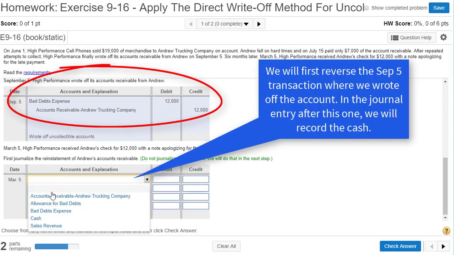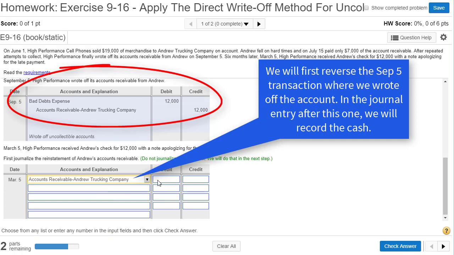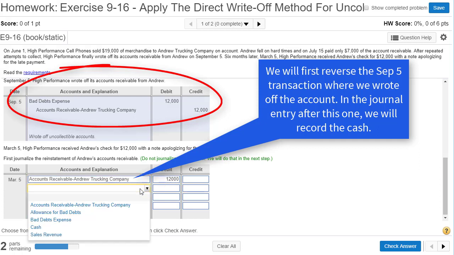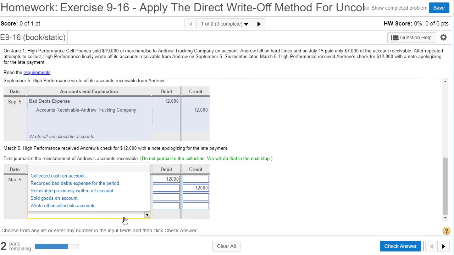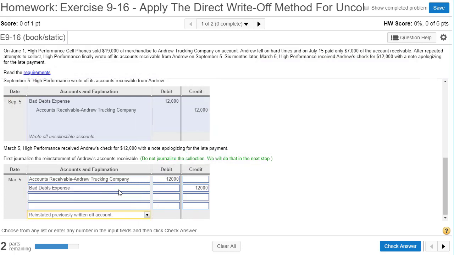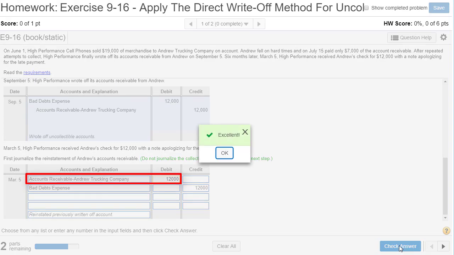We're going to increase AR to $12,000. We're going to remove or lower the bad debts expense. And so this is called reinstating a previously written off account. So now, according to our books, they owe us $12,000 again.